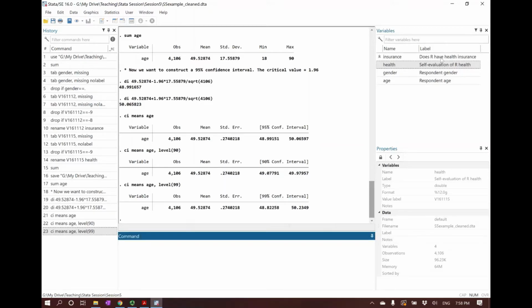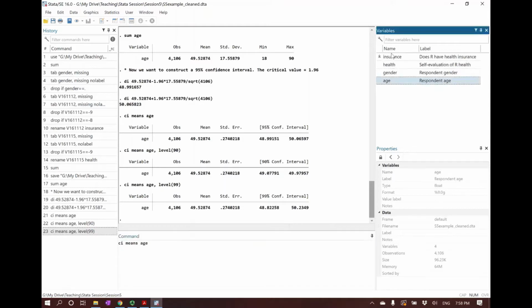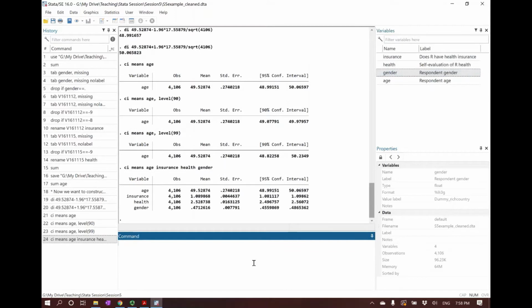If you're going to treat all of the variables as quantitative variables, you can calculate a list of variables at the same time. So I'm going to do, say, age, insurance, health, and gender. If I click OK, you can calculate. It will still give you the information on the mean and standard error.